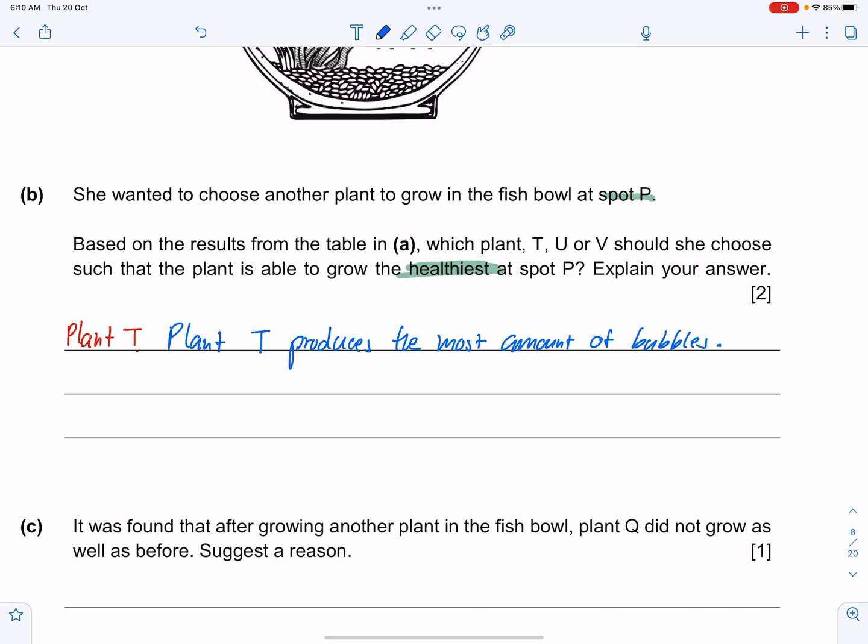All right, this suggests, okay, whenever you use evidence, you have to then tell the examiner what does it mean. Okay, so you can say this means or this suggests. I like to use this suggests because that is how scientific reports, this is the technical term that they always use in scientific reports when they get results. This suggests what, so and so. So this suggests that T has the highest photosynthesis rate.